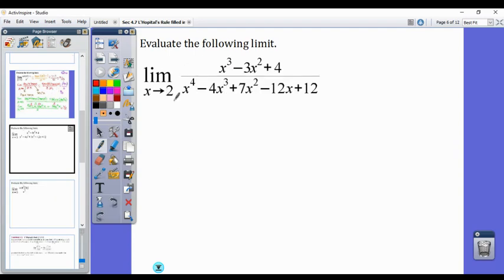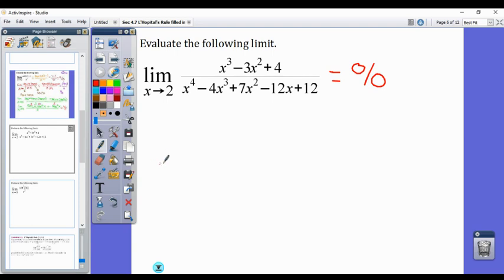Okay. So let's go ahead and work through this next example. So if I substitute in 2 into my numerator and my denominator, I'm going to end up getting 0/0. Okay, so let's go ahead and apply L'Hopital's rule and take the derivative of both the numerator and the denominator.